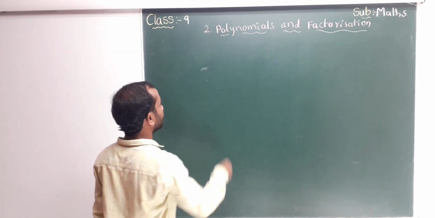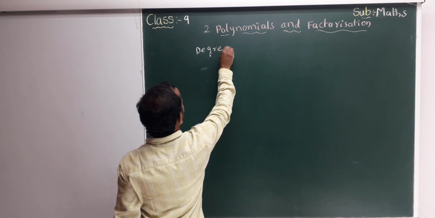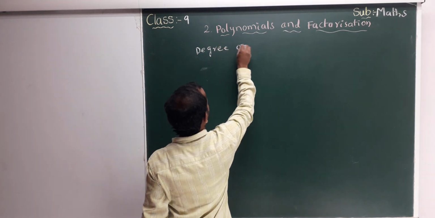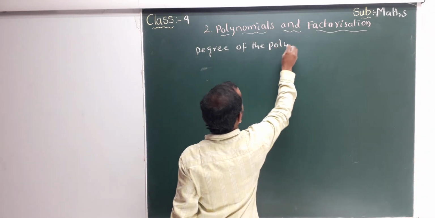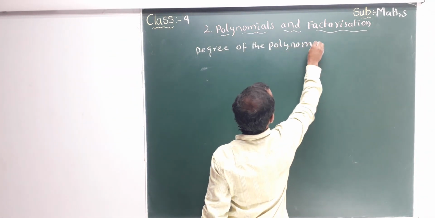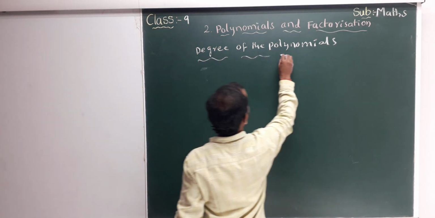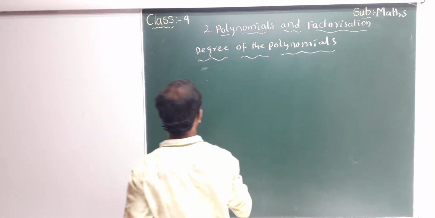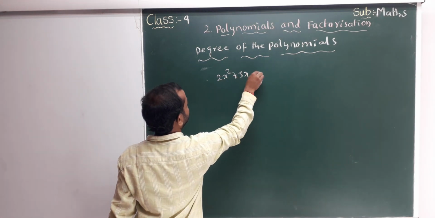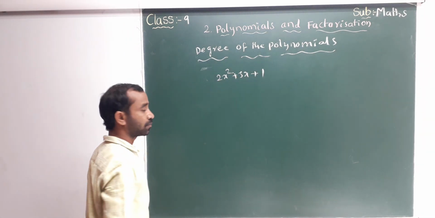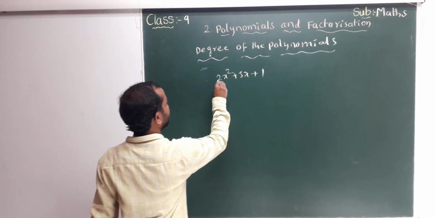Now the next concept is degree of a polynomial. First of all, 2x square plus 3x plus 1 is one of the polynomials. In this polynomial there are 3 terms.